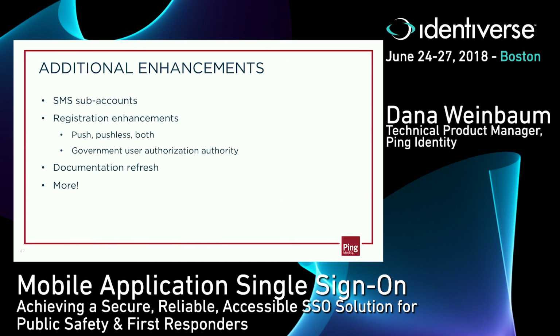So I talked about two main enhancements that we introduced to the PingID SDK, which were the alternate authentication methods and the integration with PingFed. I want to quickly go over additional enhancements. The first one is SMS sub-accounts. This enhancement can be useful in a case where the organization wishes to send the SMS messages from a local number and not from a Ping US number.